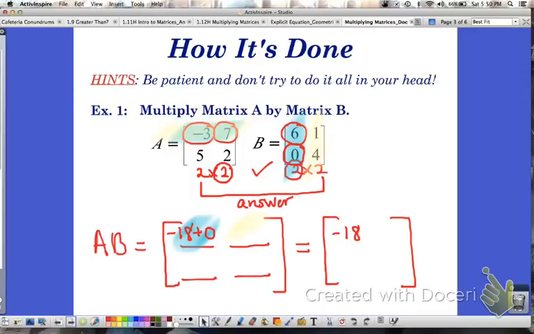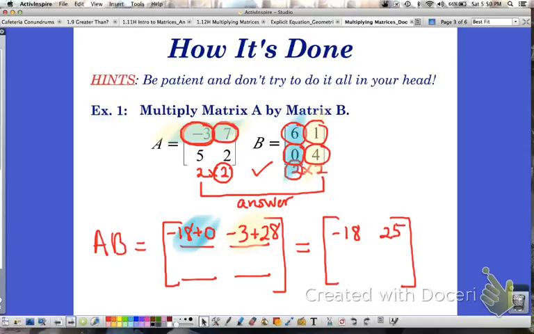And that's going to give me the answer that goes in this space right here. So here I go. Negative 3 times 1 is negative 3. 7 times 4 is 28. I'm going to be adding those two numbers together. That answer goes in this spot. So negative 3 plus 28 is 25.